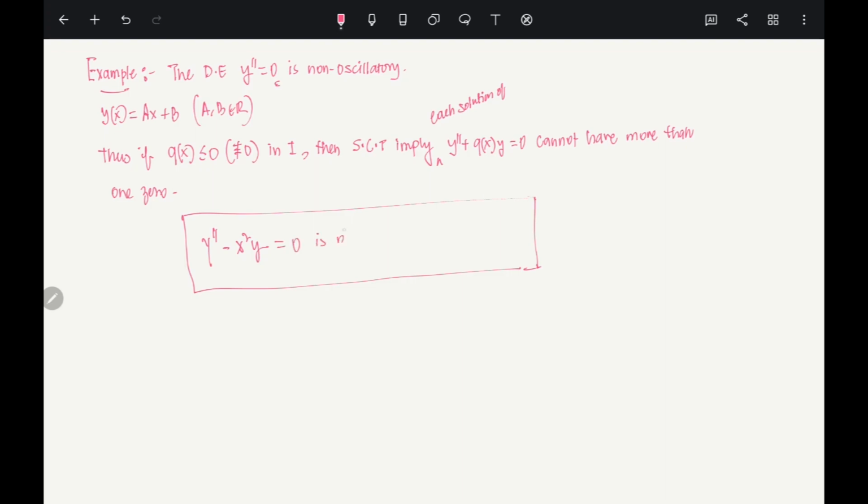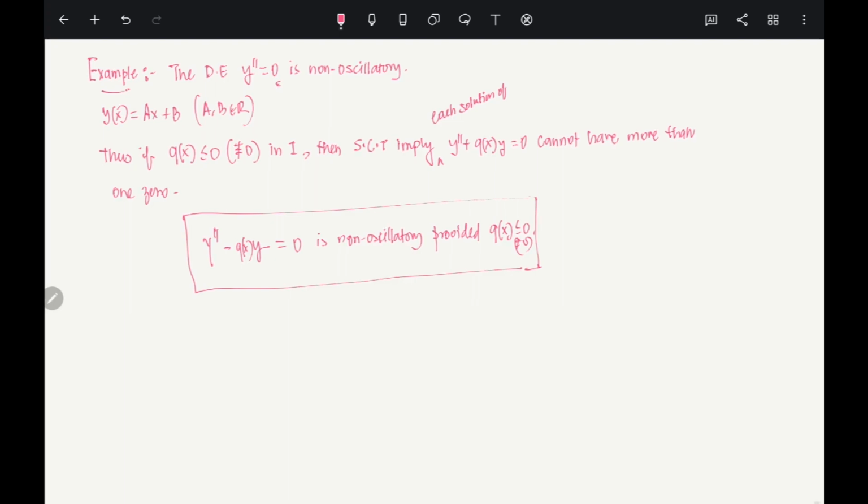Or I can take it to be p, it doesn't matter. So y double prime plus q(x) y equals 0 is non-oscillatory, provided q(x) is less than or equal to 0, and of course not identically equal to 0. Is this okay? Very, very important result, and we are going to use this result a lot of times. Okay, this is the first example.